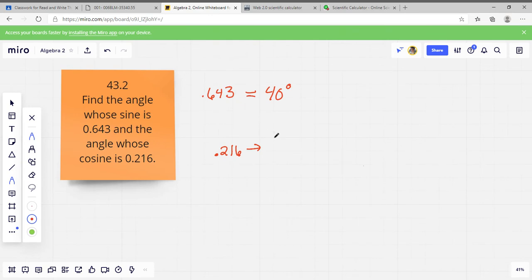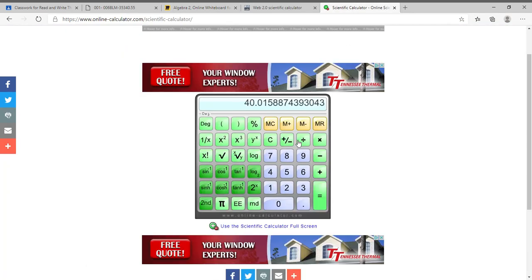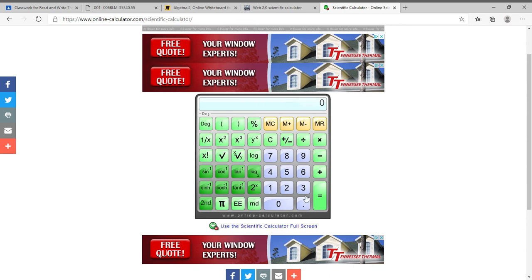So that'd be 77.53 degrees. If we did it on this calculator, same thing, 0.216, and we need the inverse of the cosine right there. We get the same thing.